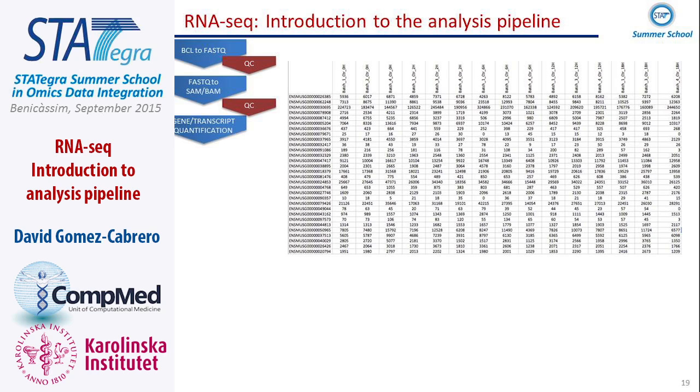Yes, well, one second. You should normalize by the sequencing depth, I agree. You can divide by your total number of reads or your total millions of reads, and then you get a value that is comparable. What I'm saying is different, because it's the length of the gene.